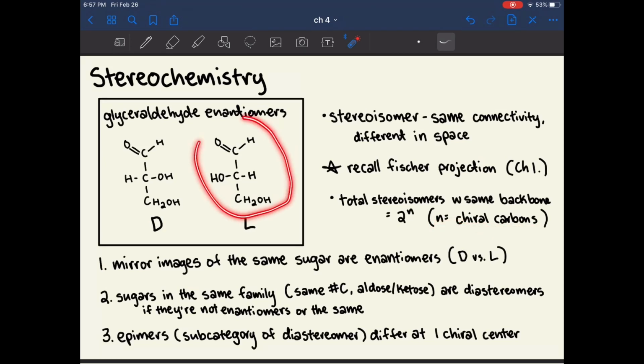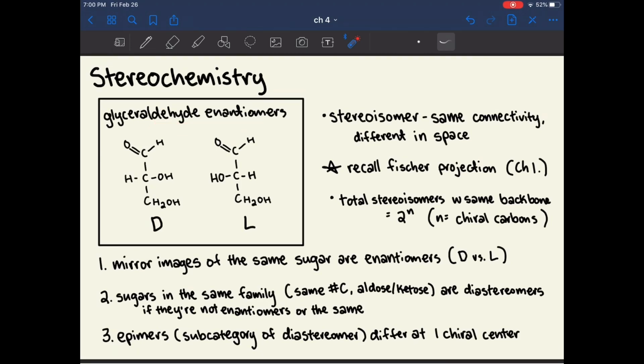So if we look at glyceraldehyde, we can see that this top carbon is not a chiral carbon because it only has 3 groups attached. And this bottom carbon is also not a chiral carbon because it has 2 of the same group attached. It has 2 hydrogens. And so we only have 1 chiral carbon, and therefore 2 to the 1 is 2. And so we only have 2 possible stereoisomers, and these are the 2 enantiomers of glyceraldehyde.